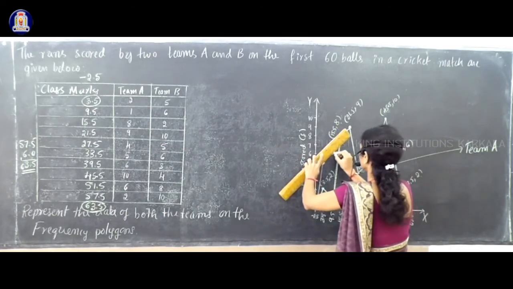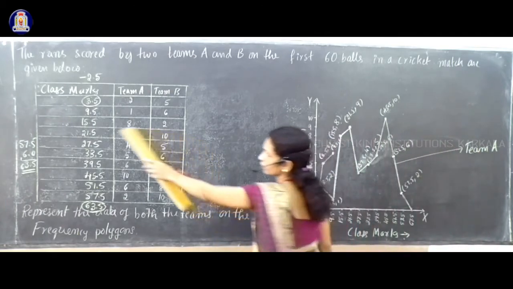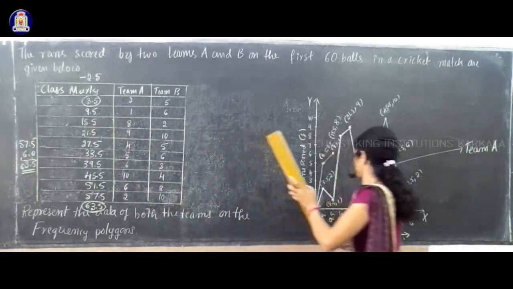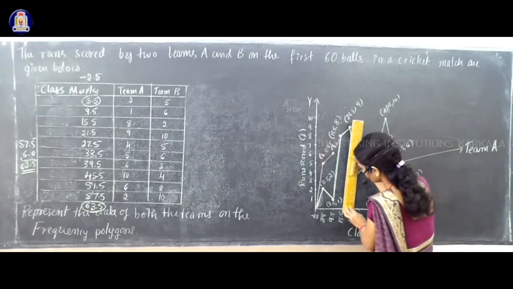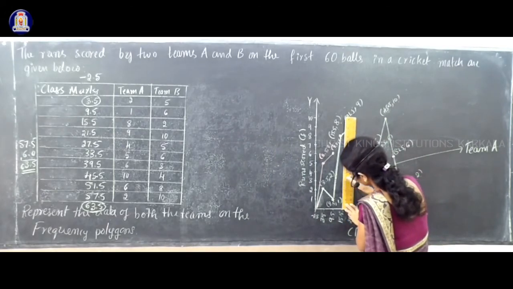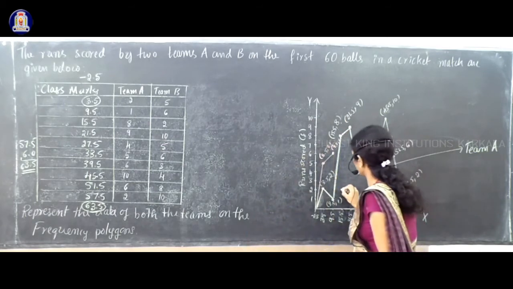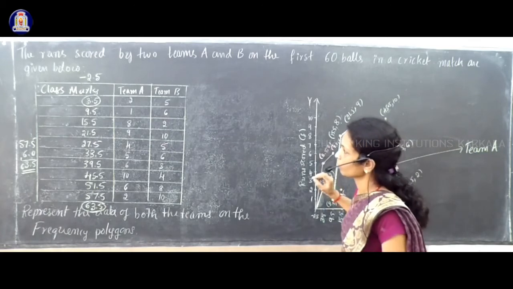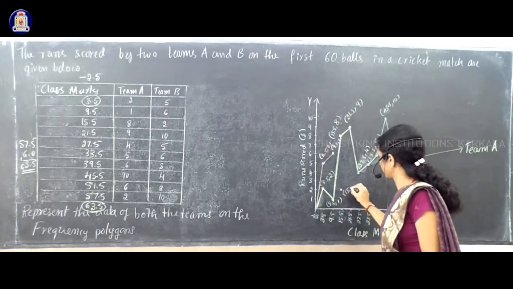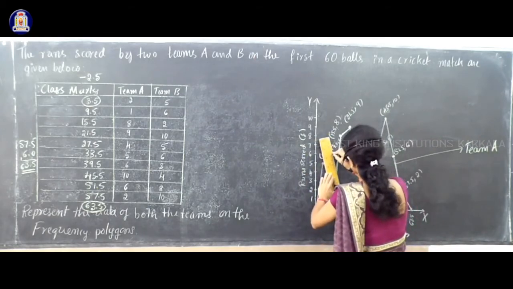Join that with the previous point. Next is 15.5, 2. At 15.5 you have to move up to 2. Keep your scale vertical at 15.5 and move up to 2. So this point's coordinates are 15.5, 2. Join this with the previous point.